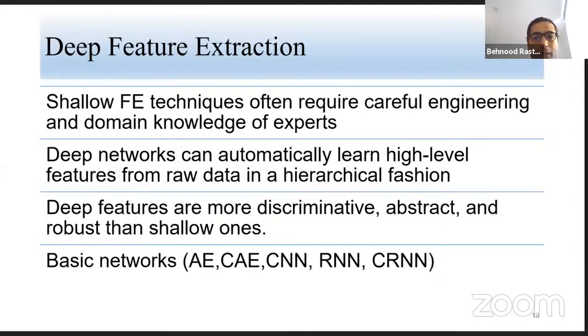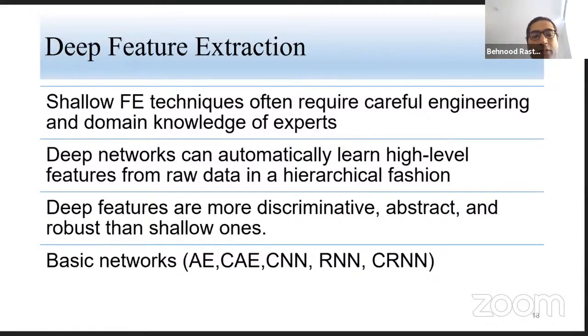To give some intuition on how shallow feature extraction techniques compare with deep networks: shallow techniques often require careful engineering and domain knowledge of an expert, but deep networks can automatically learn high-level features from raw data in a hierarchical fashion.